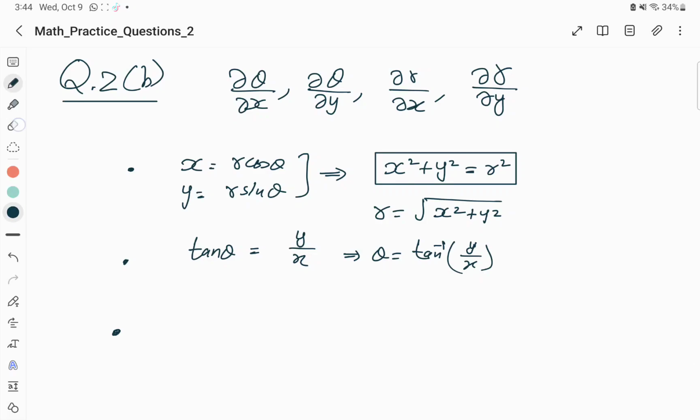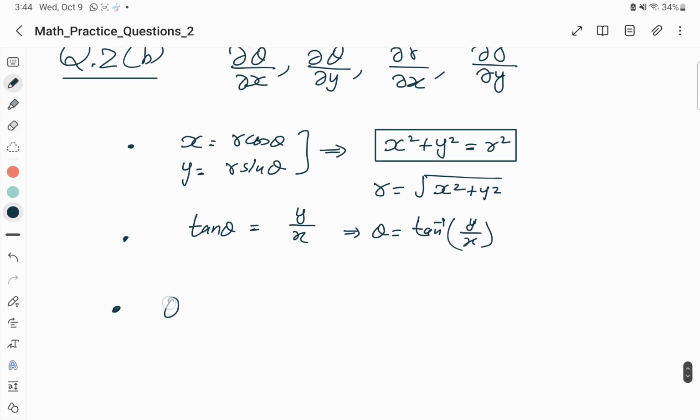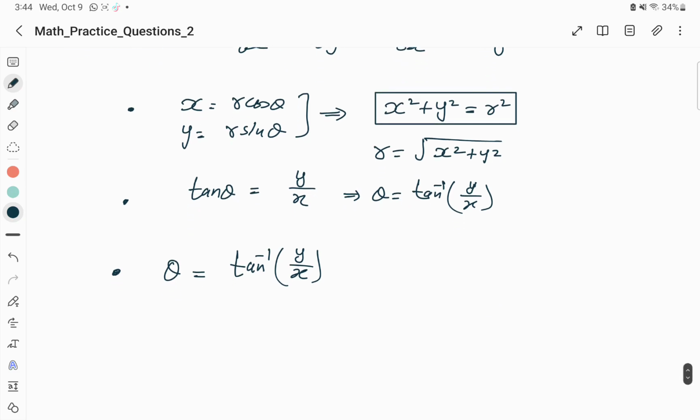So let's start with the derivative, partial theta over partial x, starting from theta. Theta is equal to tangent inverse of y over x. So let's apply the derivative: partial theta over partial x is equal to partial by partial x on tangent inverse of y over x.